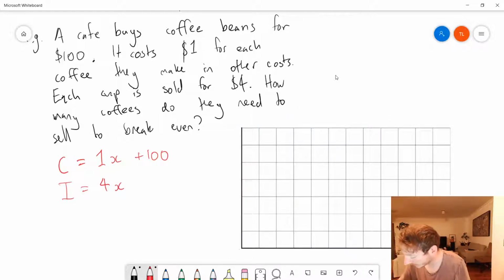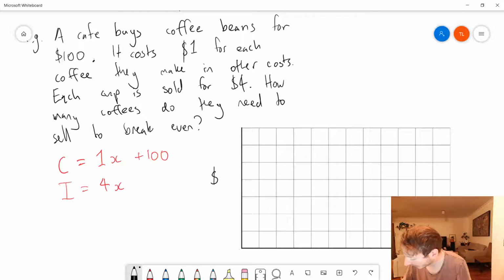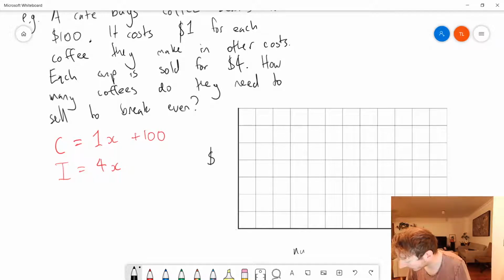So over here, we've got our dollar amount. Down here, we've got number of coffees. So let's go up by, let's say 5s for coffees. 5, 10, 15, 20, 25, 30, 35, 40, 45, 50, 55, 60.